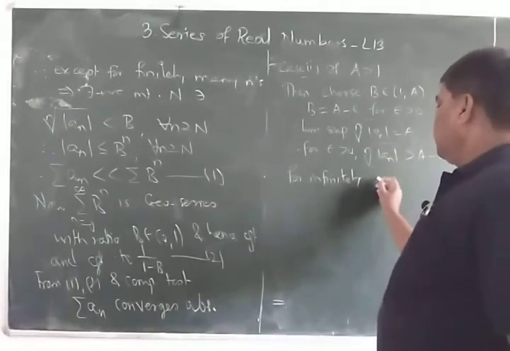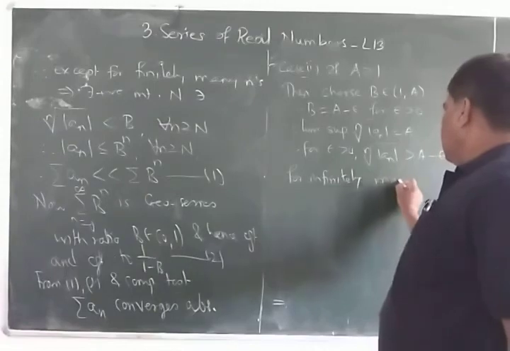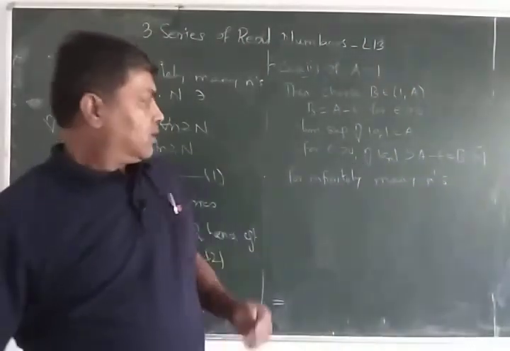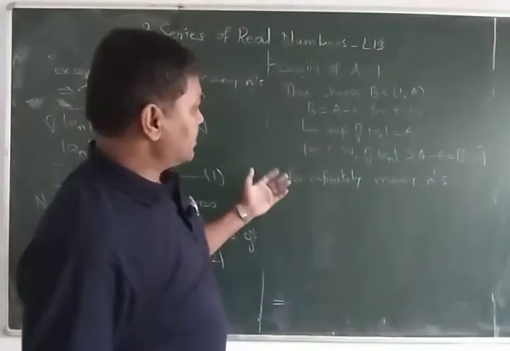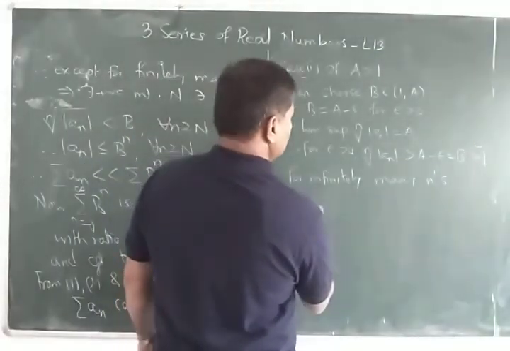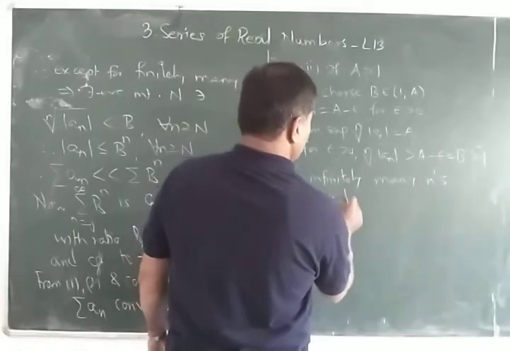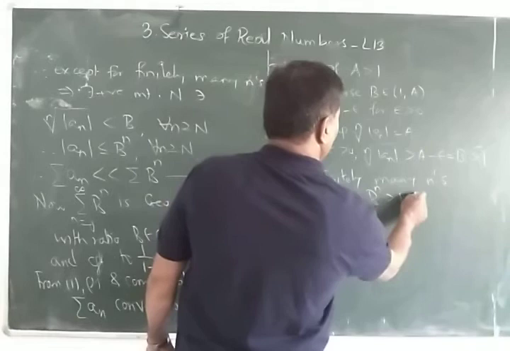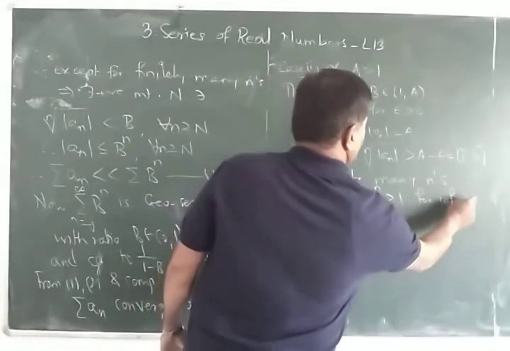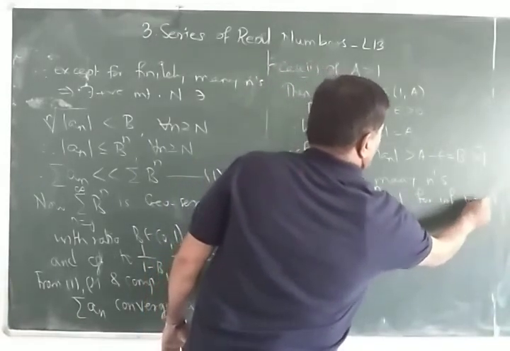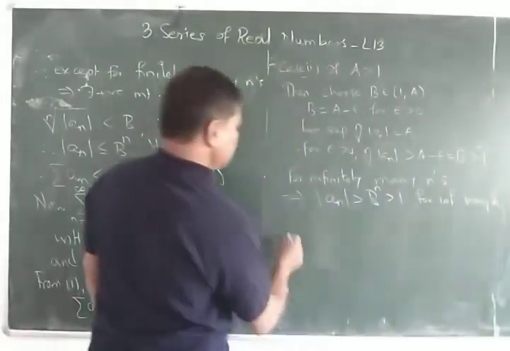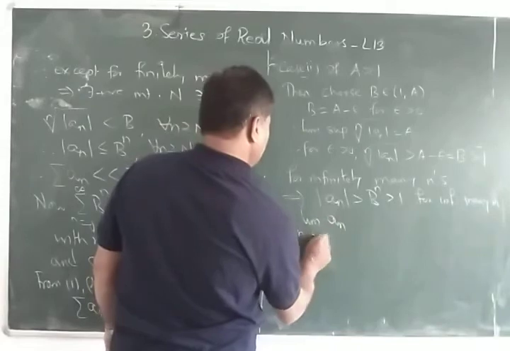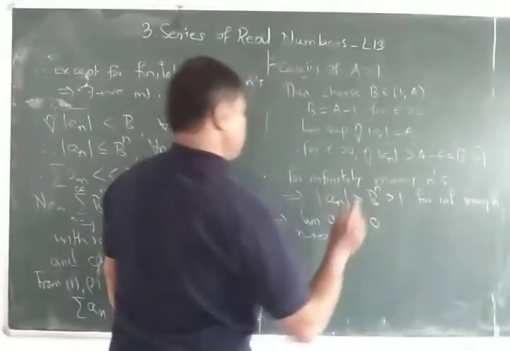This implies |a_n| is greater than B raised to n, which is greater than 1, for infinitely many n, which implies the limit of a_n as n tends to infinity must not be 0.